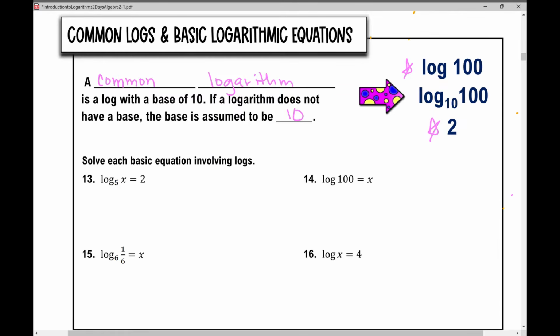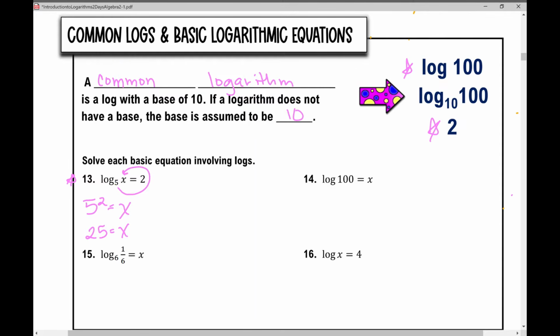In problems 13 through 16, we're going to solve each basic equation involving logs. On number 13, it says log base 5 of x equals 2. Well, that's the same thing as 5 squared equals x. When we're solving this, we're solving for the variable. What is x? It's 25, because 5 squared is 25.